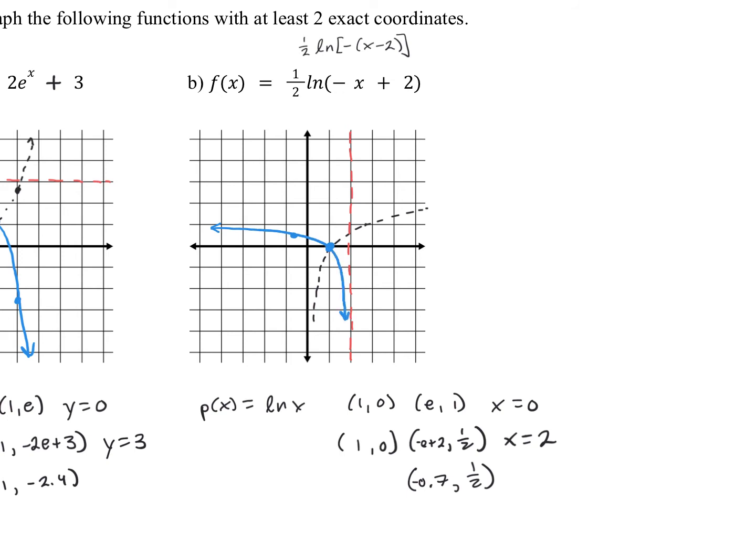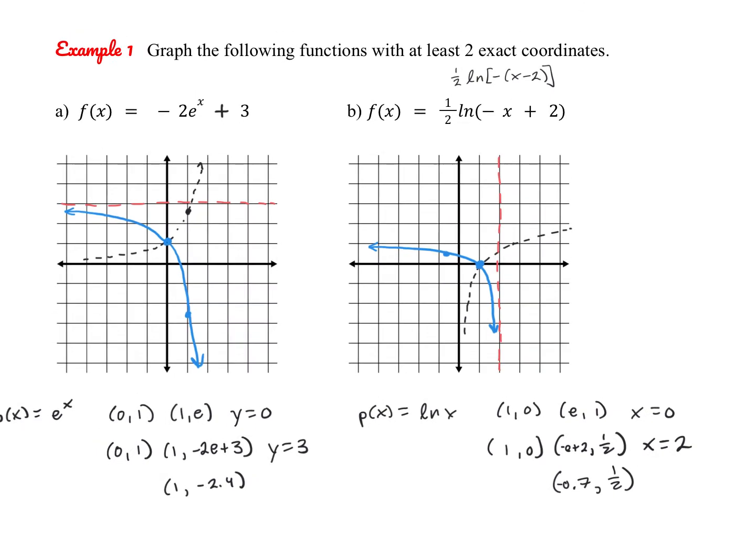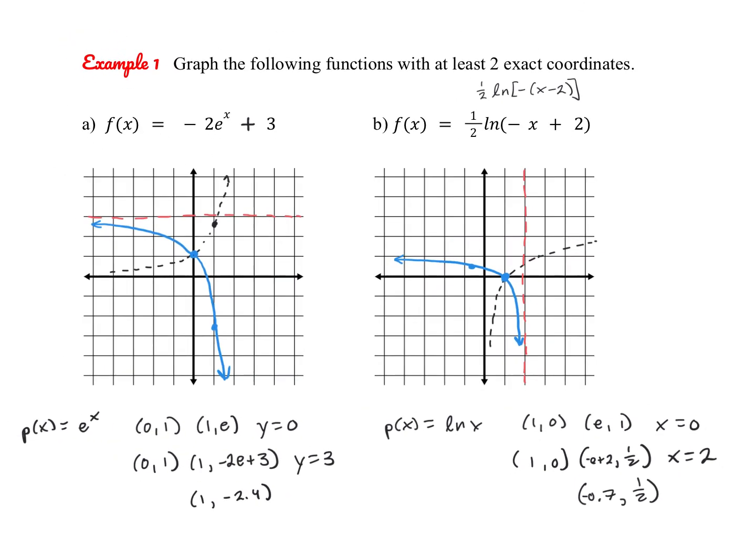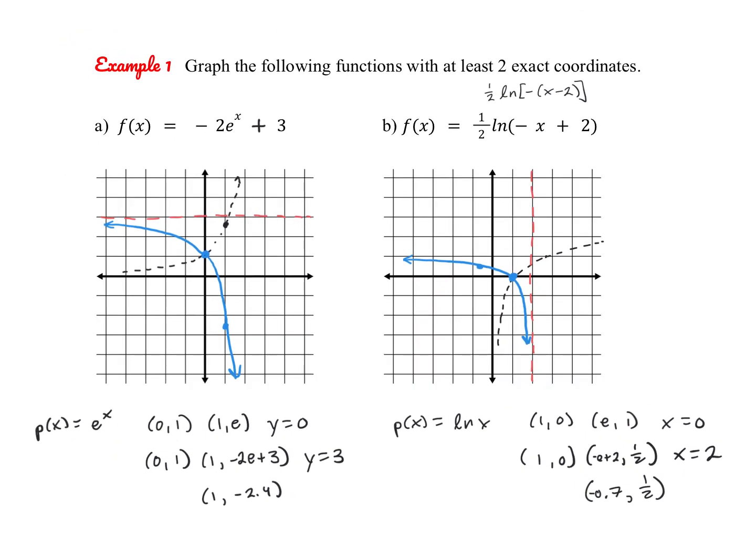So you can see that the horizontal reflection is what's causing it to now become a decreasing graph, and it also looks a little bit flatter than our original graph and has been shifted to the right 2. So there you have it. So again, if you know some key points from your parent function, you can graph just about any exponential or logarithmic equation.